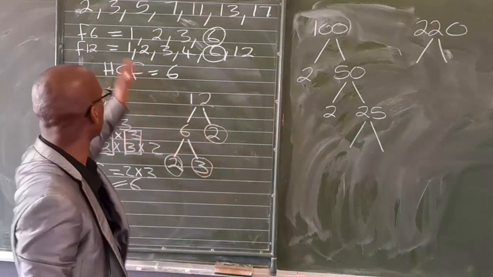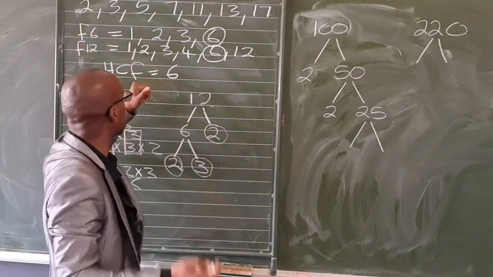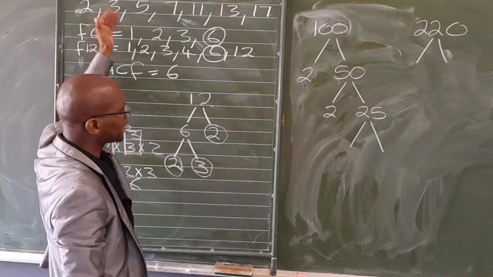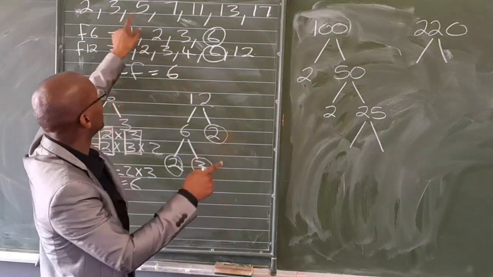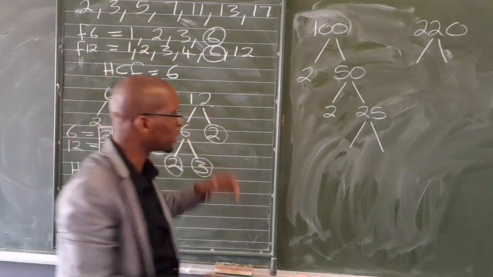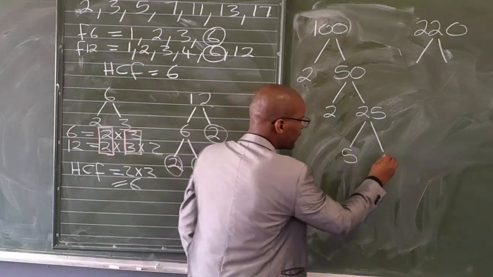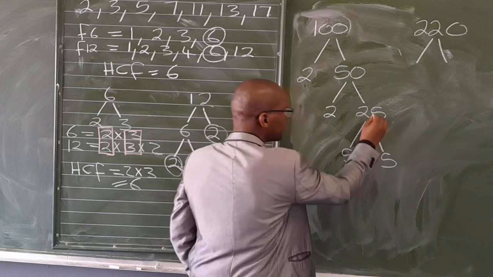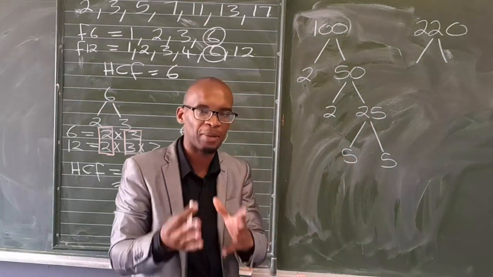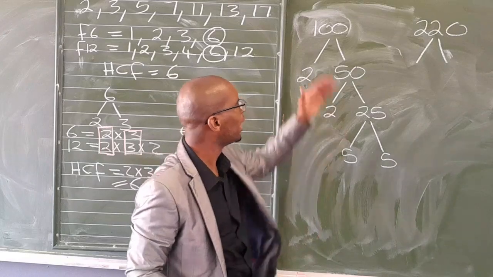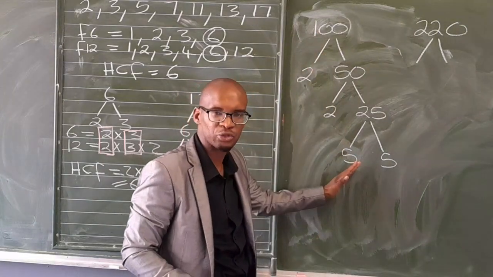Which number multiplied by 2 would give me 25? No number. So I check all of them and I can see there is no number multiplied with 3 that would give me 25. But then I come to 5 and I realize that 5 multiplied by 5 would give me 25. So since the last 2 numbers are both prime numbers, that is how I know I'm done with my factor tree diagram.